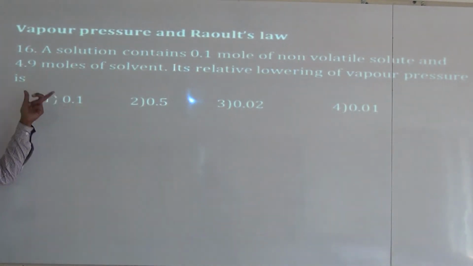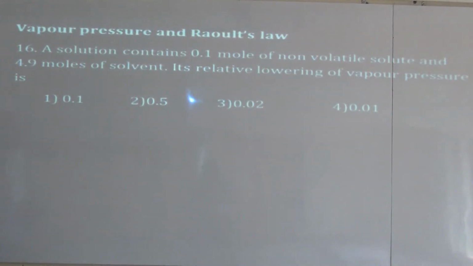This question is based on vapor pressure and Raoult's law. They asked the relative lowering of vapor pressure and they gave the number of moles of non-volatile solute as 0.1 and solvent as 4.9.